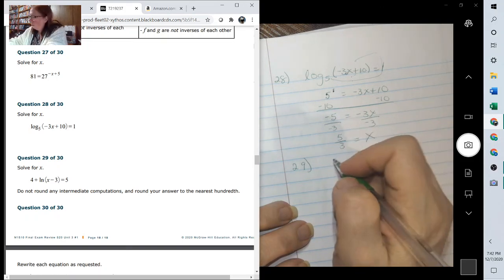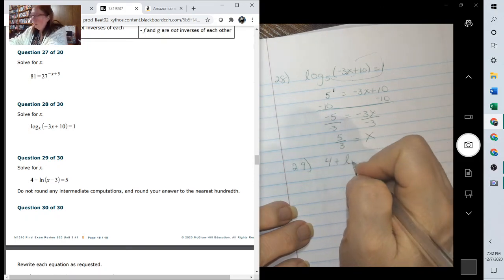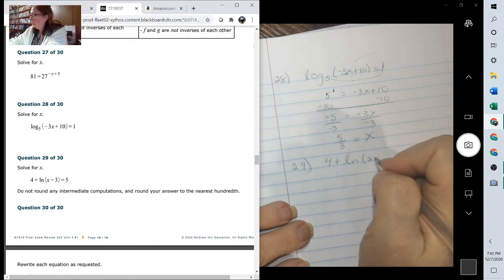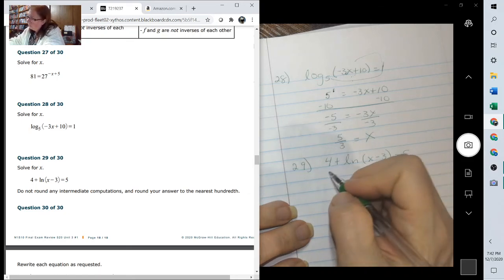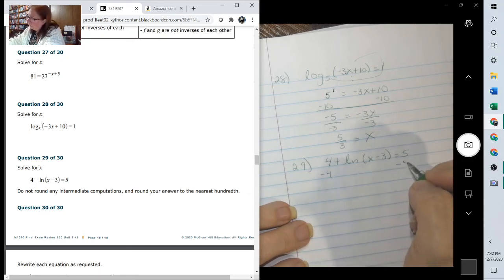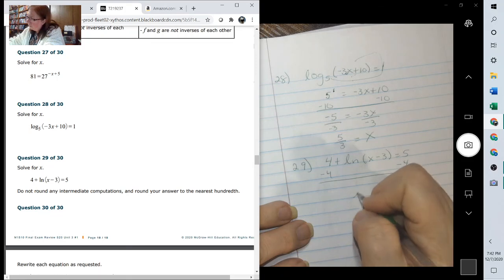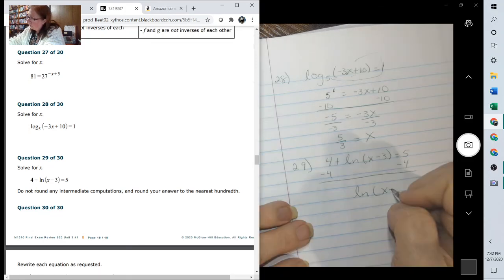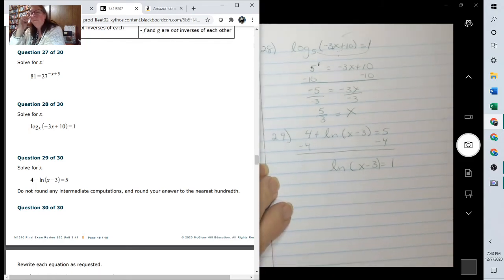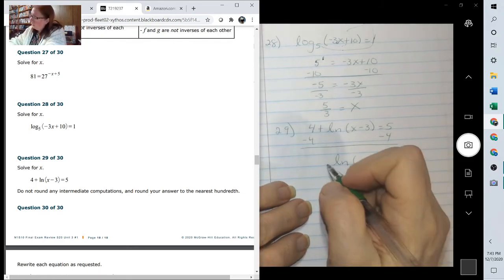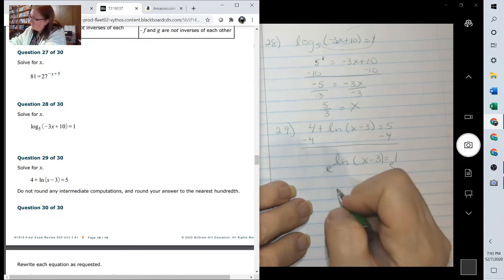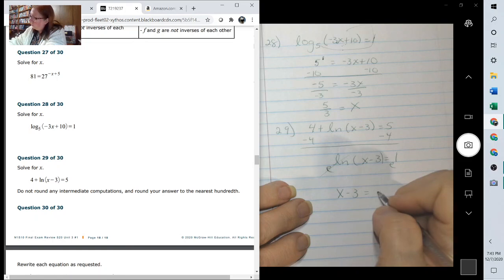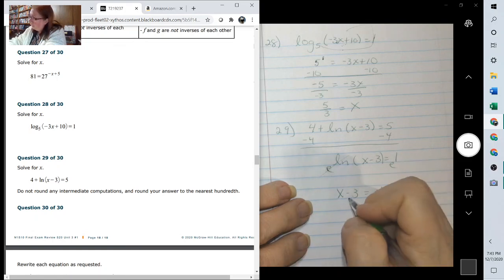4 plus ln of x minus 3 equals 5. Get the natural log by itself. And then take e of both sides because they're inverses. X minus 3 equals e to the first. Add the 3.